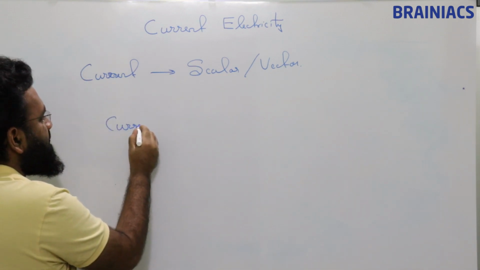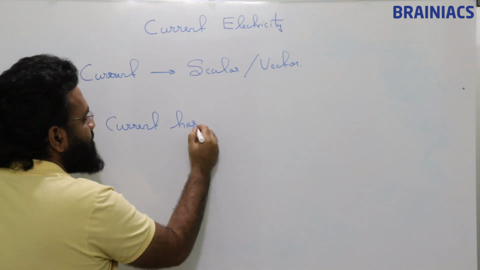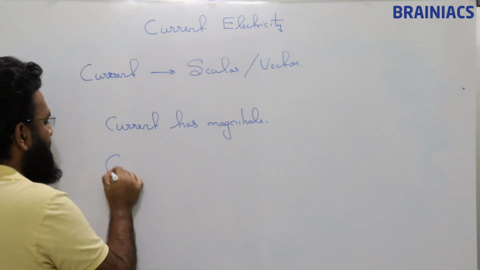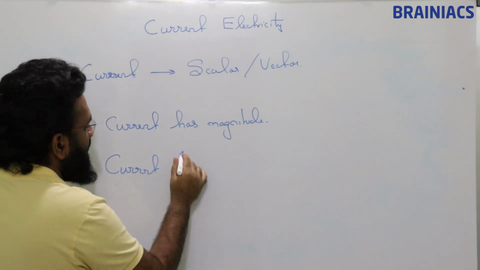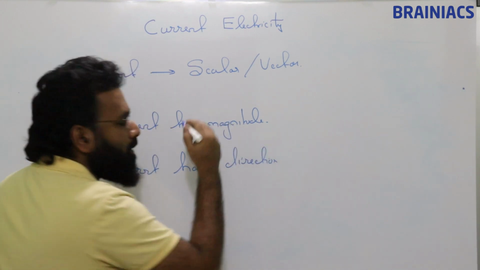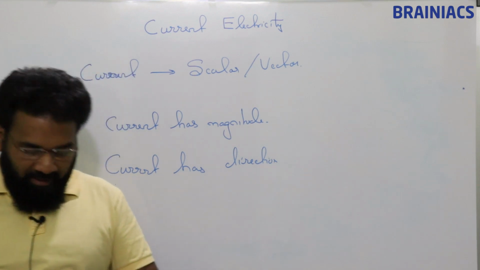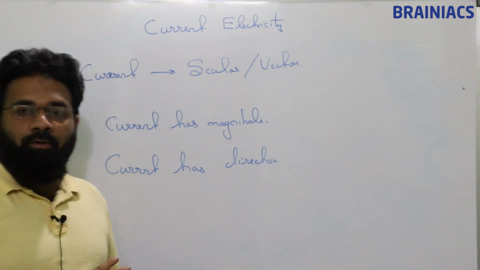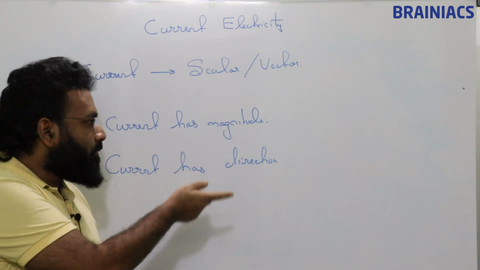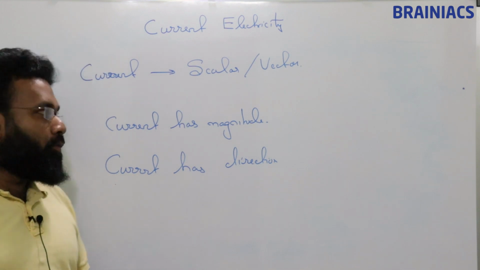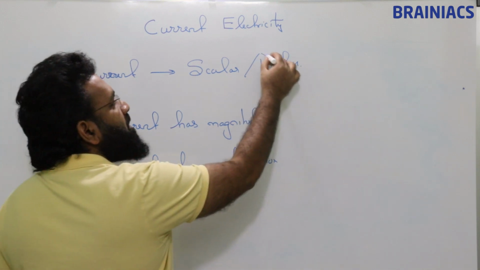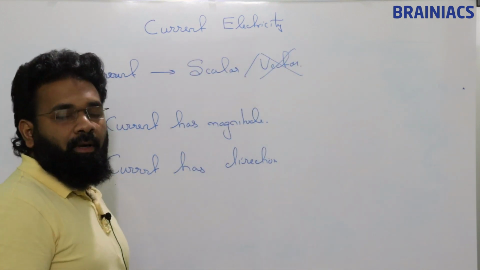Current has magnitude, and current also has direction. We have studied that something which has direction and magnitude is called a vector. So current has both magnitude and direction, so is current a vector? No, current is not a vector.